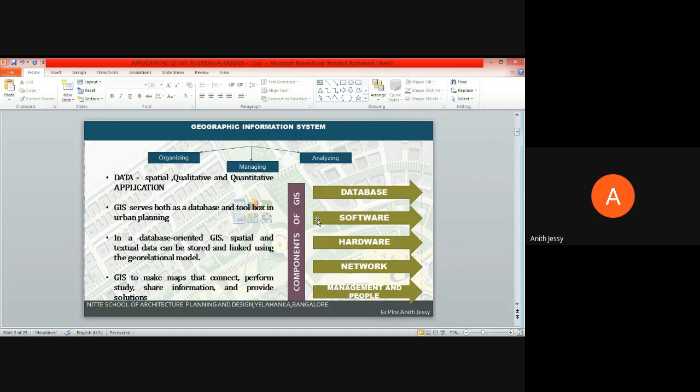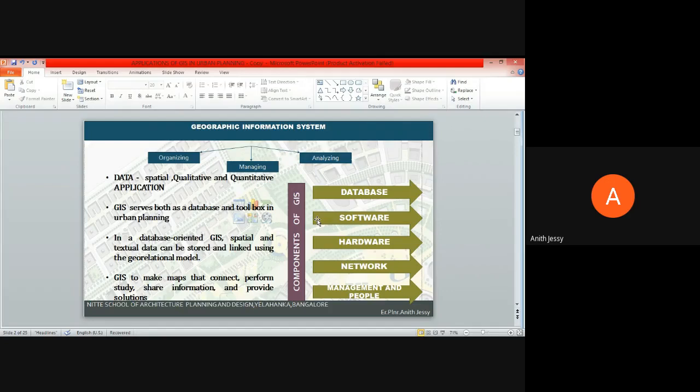The data I'm talking about can be qualitative, quantitative, or spatial data. GIS acts as a framework for gathering information, and it also creates a database and a toolbox in which you can work and create multiple maps.